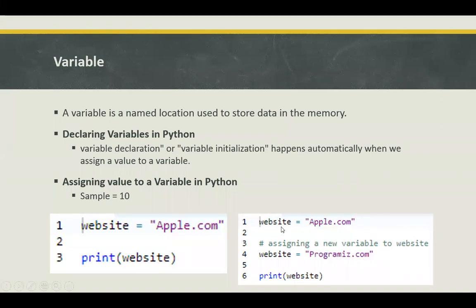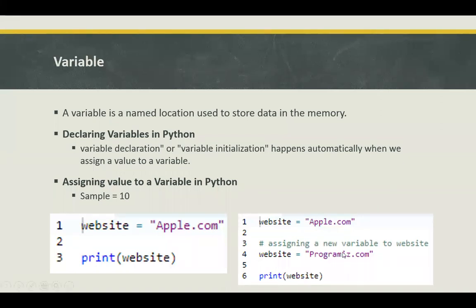And suppose here I am assigning website is equals to apple.com, and later I am assigning a new value to the variable, that is program is .com. And if I am printing, what would be the answer for this program?